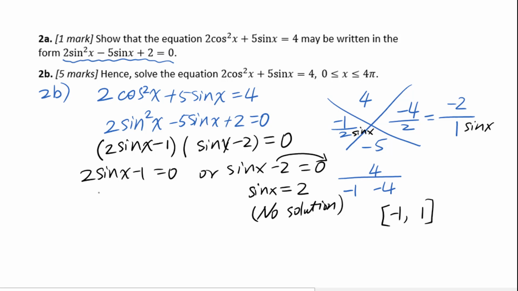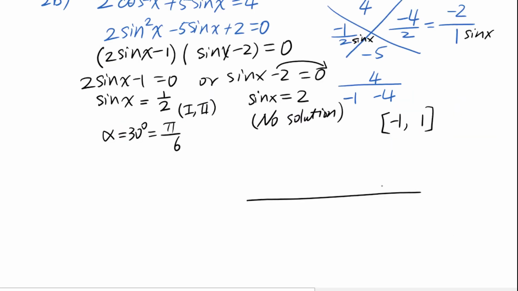For the first equation, isolate the sine x. You will get 1 over 2. Since 1 over 2 is positive, so go to the first and second quadrant. Reference angle is 30 degrees, that is pi over 6. Let's draw the diagram.